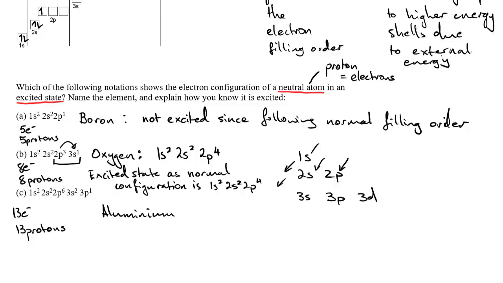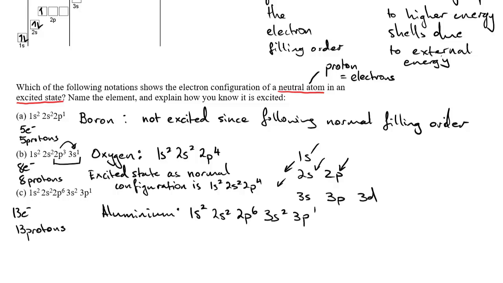Okay, and so what we find is that with aluminium, if we just do the normal filling order, 1s2, 2s2, followed by 2p6, so that makes 10 electrons, then 3s2, and then 3p1.